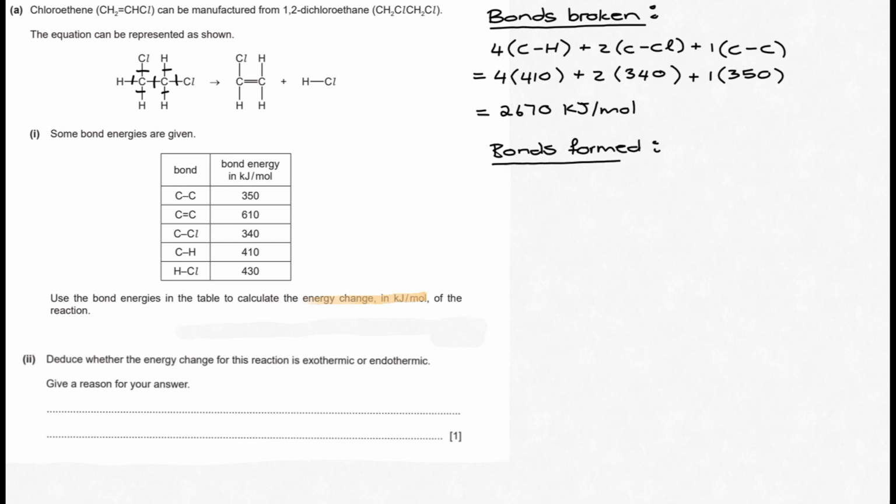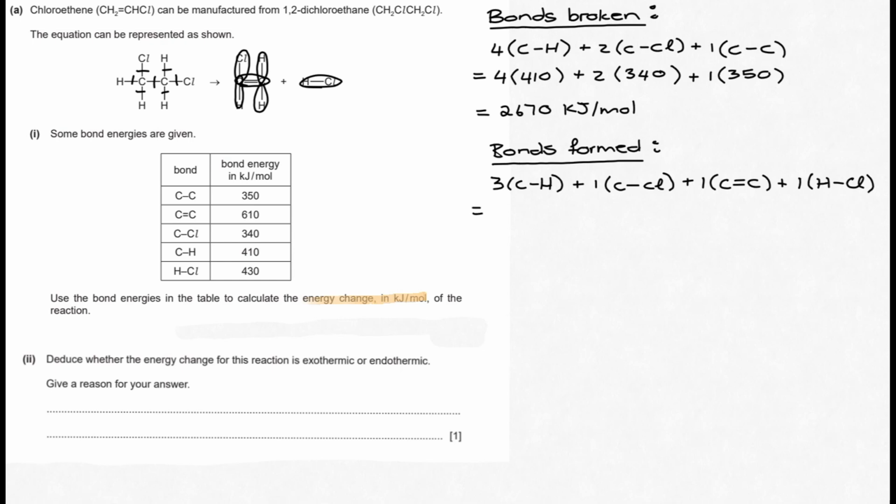So in my second step, I'm going to calculate the amount of energy released from the bonds being formed. First, I can see that there are 3 carbon-hydrogen bonds, as well as 1 carbon-chlorine bond, 1 carbon-carbon double bond, and 1 hydrogen-chlorine bond. I'm then going to move back to my table and see that my carbon-hydrogen bond has a value of 410 kilojoules per mole, which I'll be multiplying by 3.